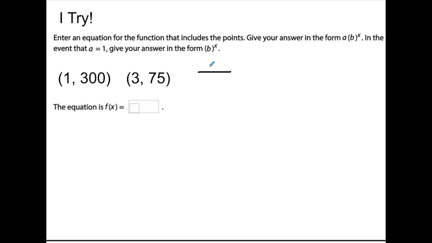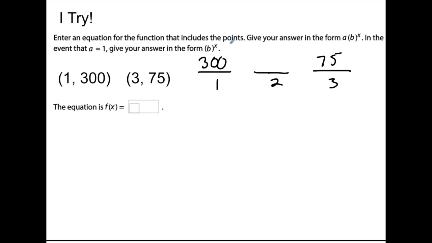I know that I have these three terms sitting right here. This is term 1, this is term 2, and this is term 3. So f of 1, f of 2, f of 3. When I plug in 1, I get 300. When I plug in 3, I get 75.